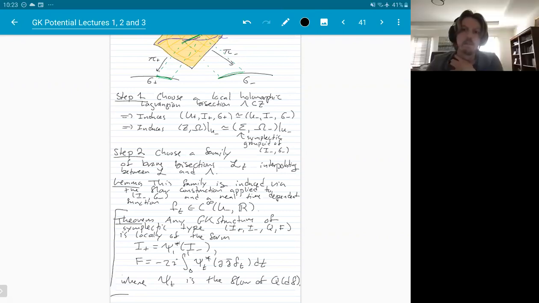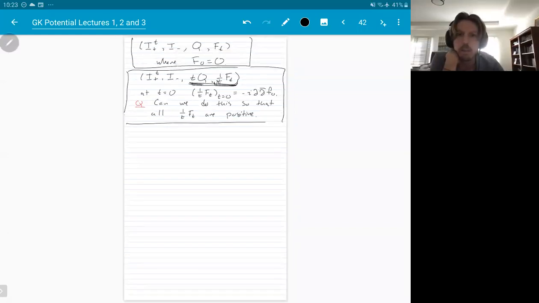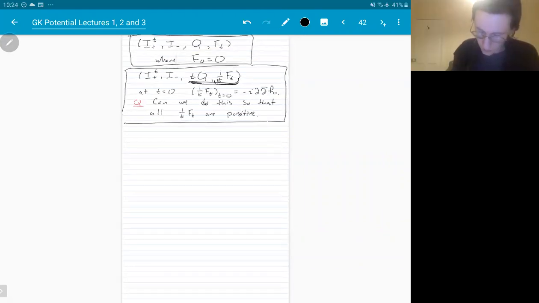I see. But my question is, can you do the deformation like this so that these forms remain positive definite, so that the metrics remain positive definite, so that it's actually a deformation away from a Kähler structure? Yeah. Locally, you're just asking locally, right? Yeah, that's right. This is just something that I was always curious about, which I never really looked into.